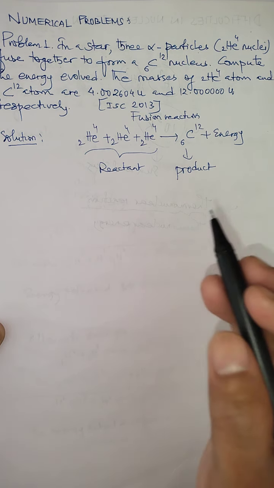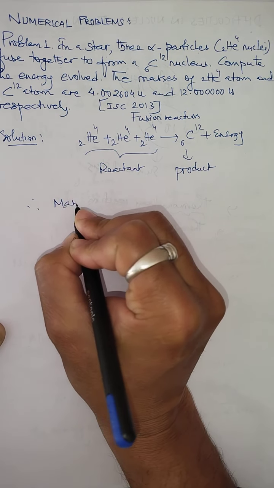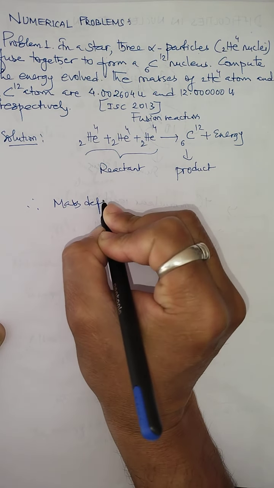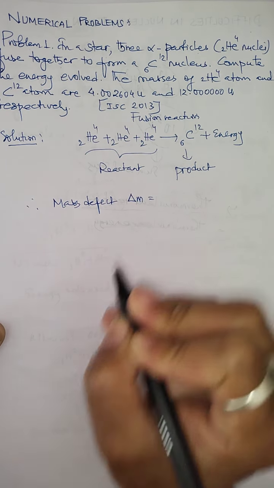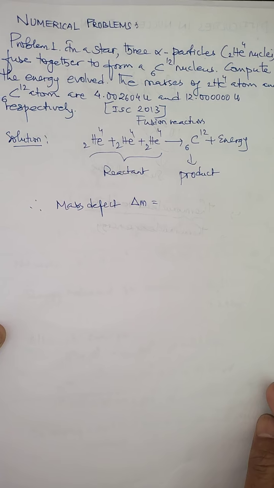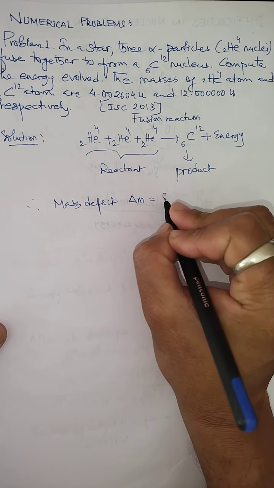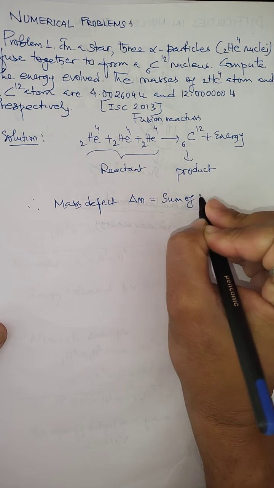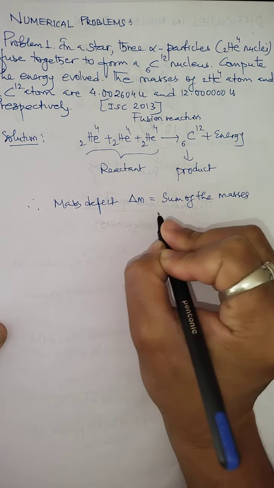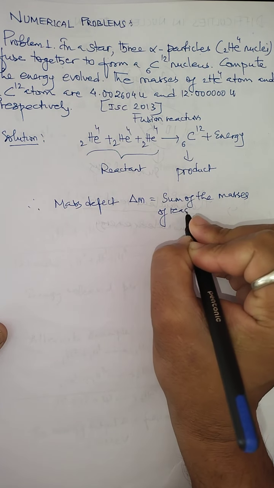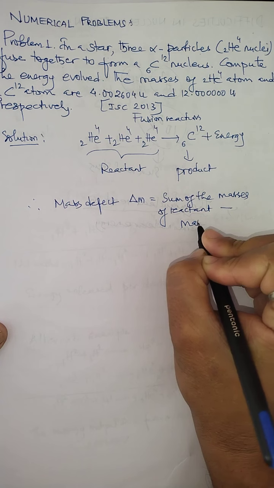To calculate energy, first I calculate the mass defect. This loss in mass is also called mass defect, and the symbol is delta M. Mass defect is nothing but the loss in mass, and we always calculate it as the sum of the masses of reactants minus the mass of product.